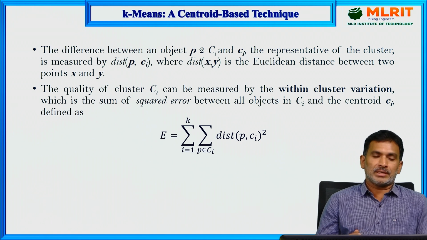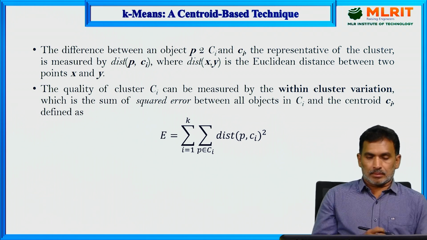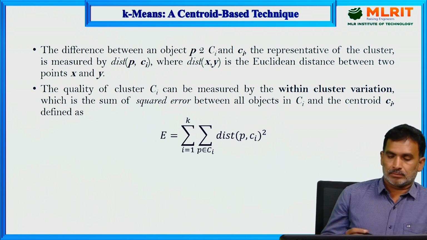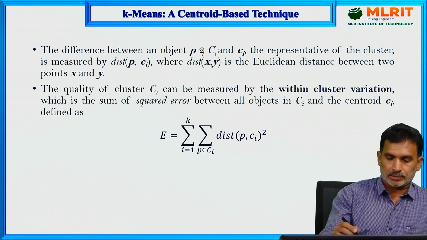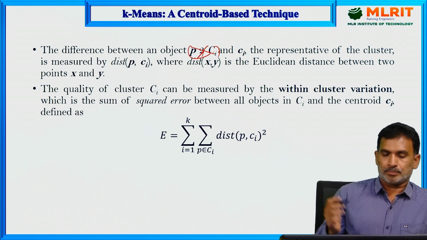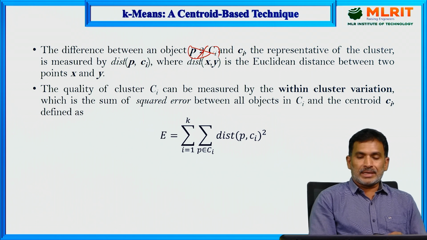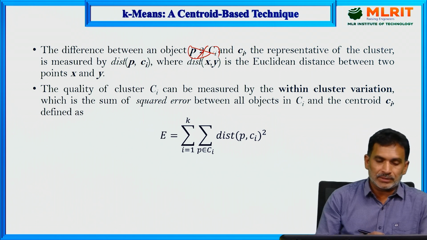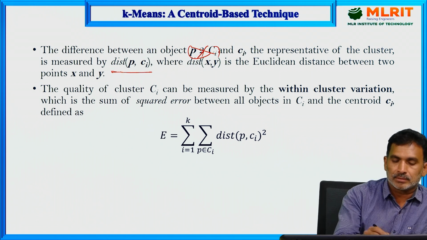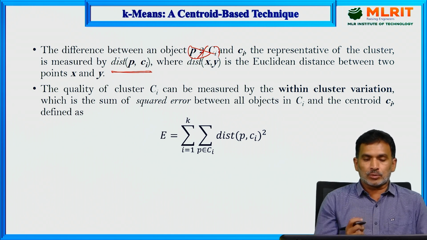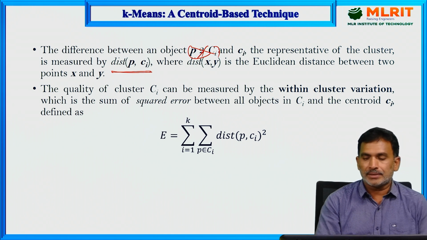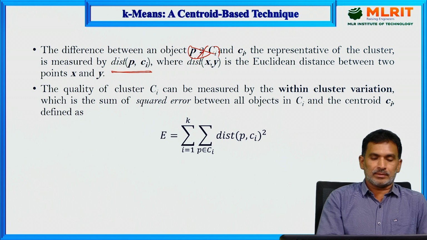The difference between an object p in Ci and the representative of the cluster is measured by dist(p, ci), where dist(x, y) is the Euclidean distance between two points x and y.